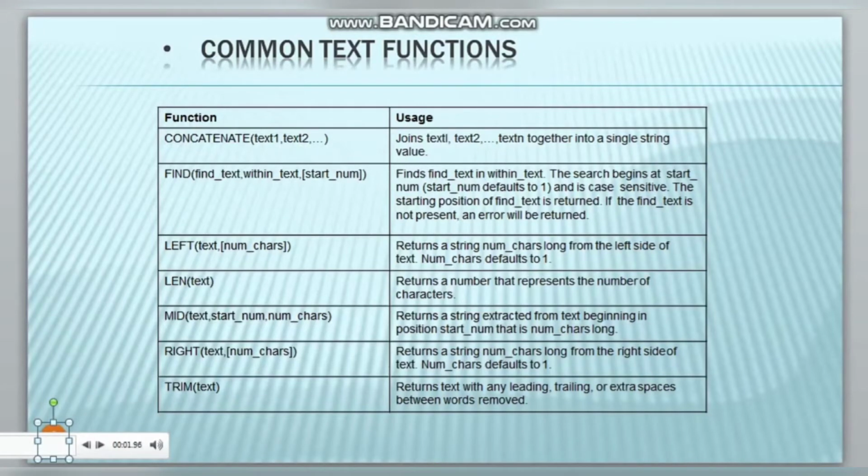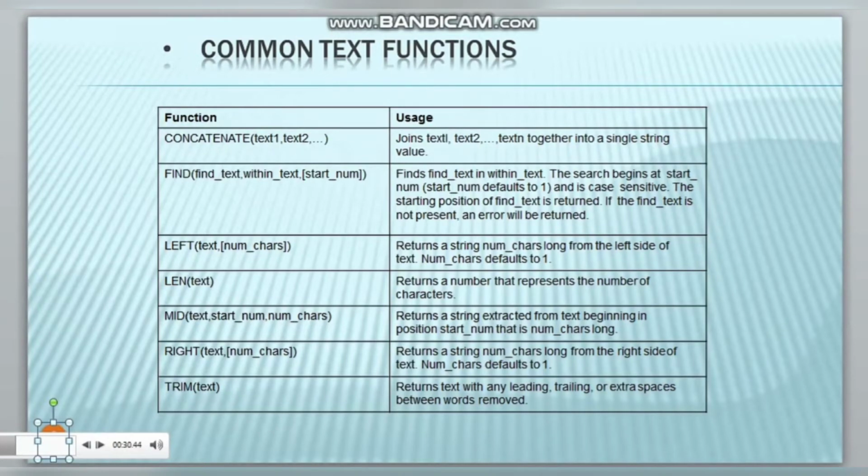Common text functions. In this slide, we will look at text related functions. Concatenate: this function basically joins strings or text. Second, the FIND function: this function finds text within text. LEFT function: this function returns the leftmost characters from the text.